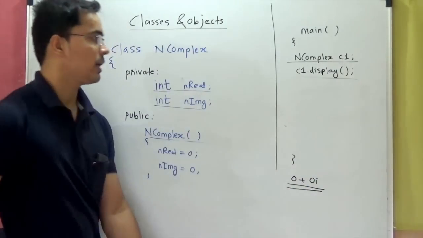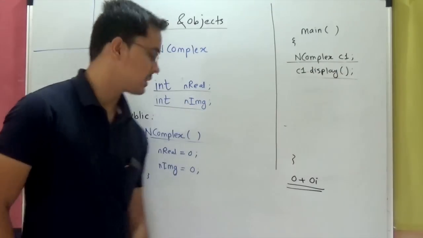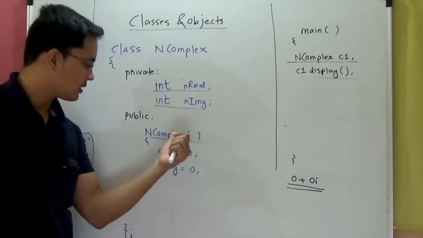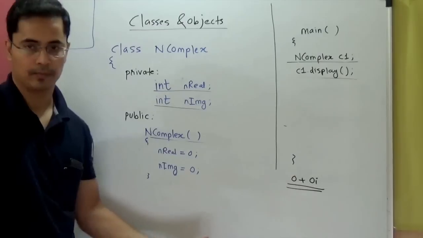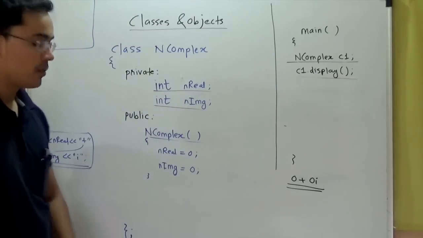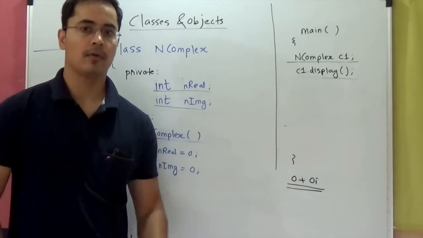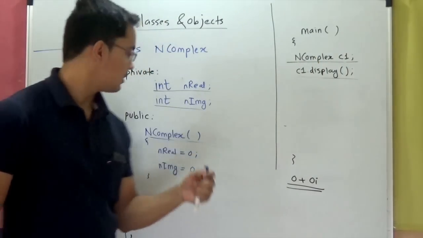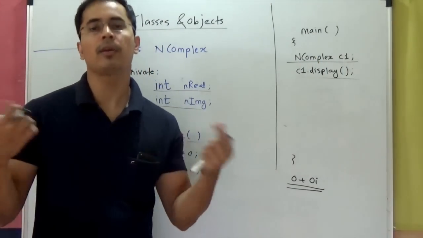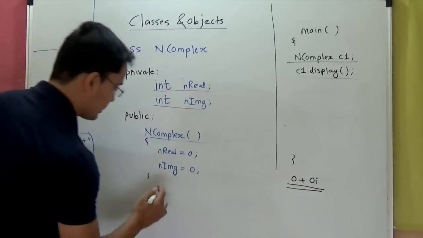Because when you create an object C1 of the nComplex class, this constructor will be invoked, where we are initializing the members to 0. Now we want to go a step further and write a constructor where we would like to initialize these data members to specific values. So I'll write a parameterized constructor.